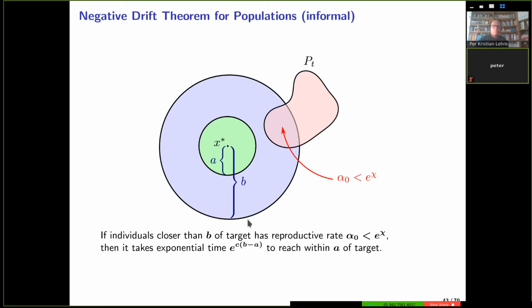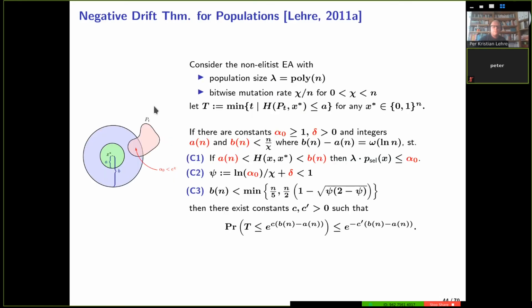And what we need to prove is that for any population P_t, any individual which is within distance at least a, but at most b, will have reproductive rate alpha naught less than e to the power of chi. So essentially, if this condition is true, then it takes exponential time to reach within a of the target x star. This is essentially what the theorem says.